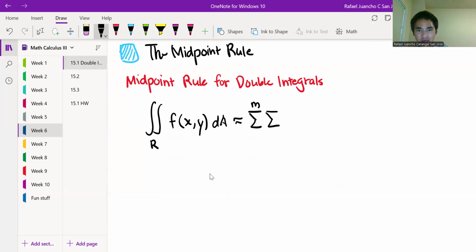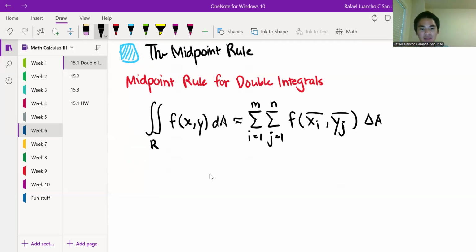So this is the sum from i equals 1 to m. This one's the sum from j equals 1 to n. And here, we actually get the midpoint. Oh, this is j. Change in area.